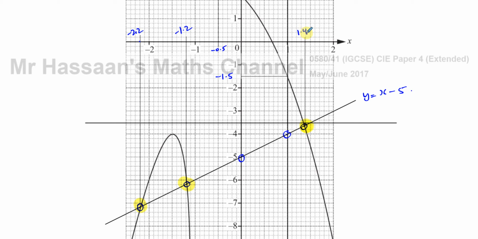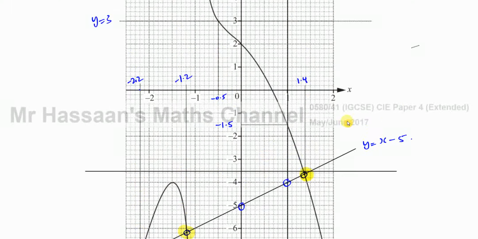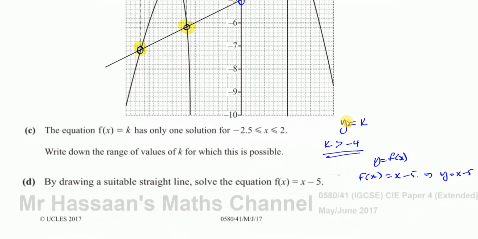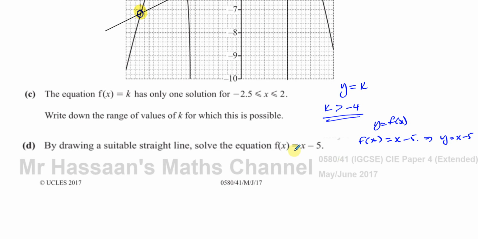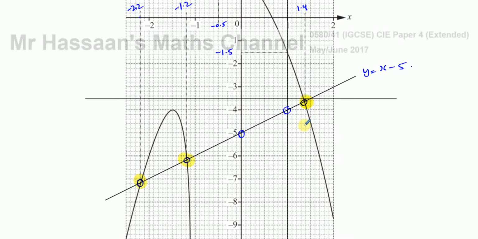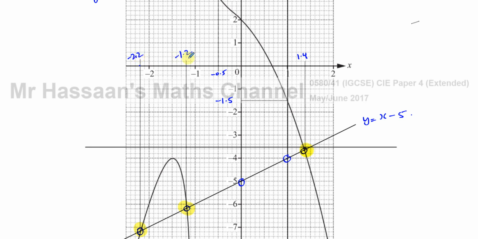So those are the 3 x values where they intersect. So solving this equation, the solutions will be x equals -2.2, x equals -1.2, and x equals 1.4.